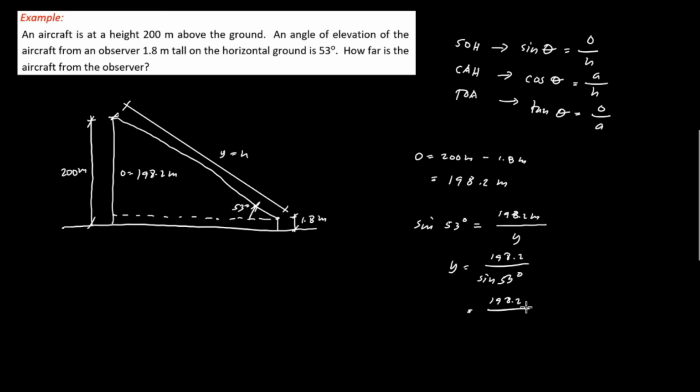Sine 53 degrees is equivalent to 0.7986, and y is equal to 248.18 meters, and this is the distance from the observer up to the aircraft, and this is the answer.